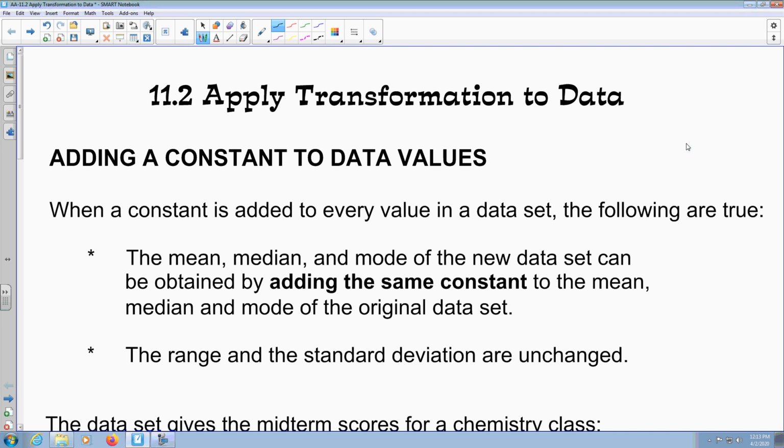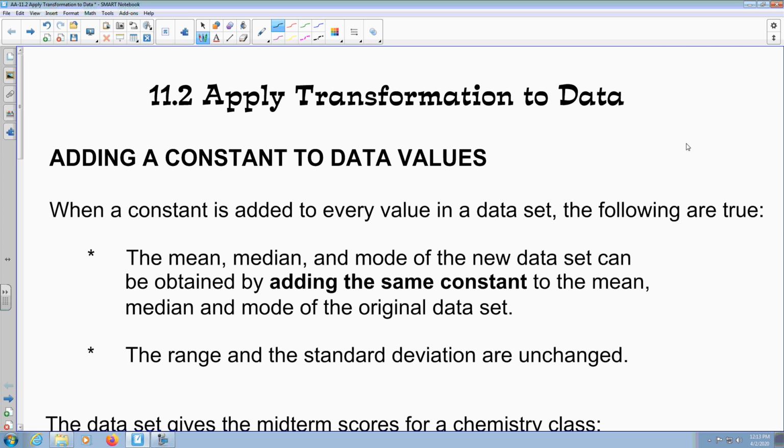All right, we're in section 11.2 where we are going to apply transformations to data. What we're going to take a look at is two things. First, we're going to look at what happens to data when we add a constant to the data.